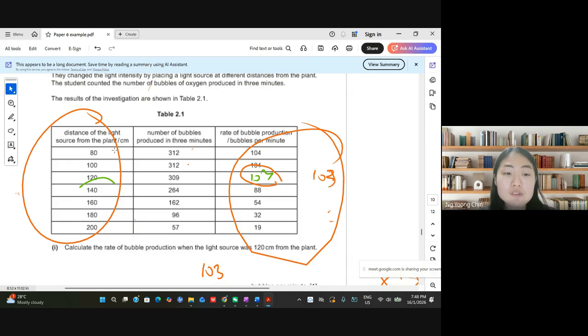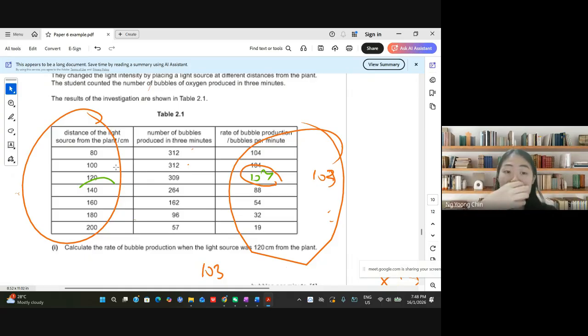Okay, so from the 80 cm of the light source from the plant, you increase to 100 and then to 120, and then you can see that when you increase the distance of the light from the plants, it means that the plants become further away from the light source. Plants further from the light source.